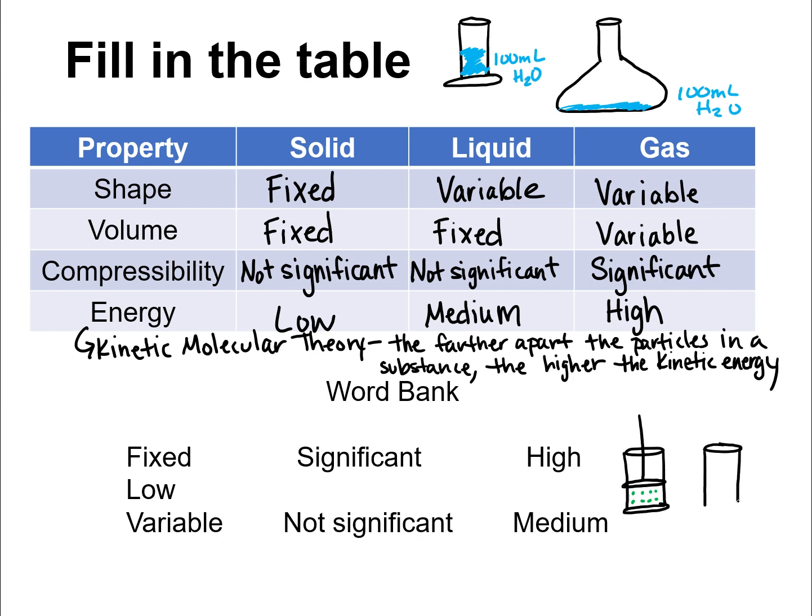If I take that same container and I raise the piston up a little bit, I've still got the same number of green dots. But now the volume is bigger.